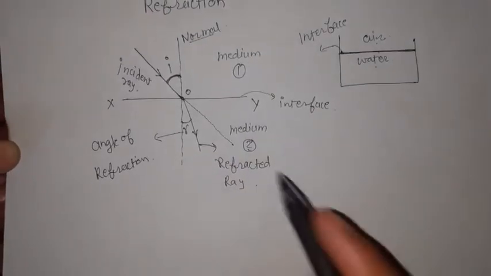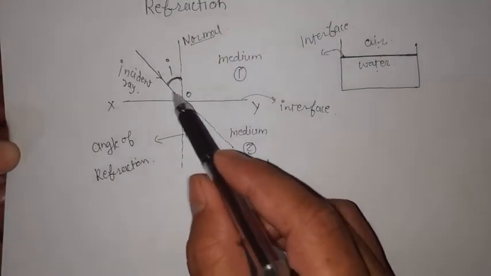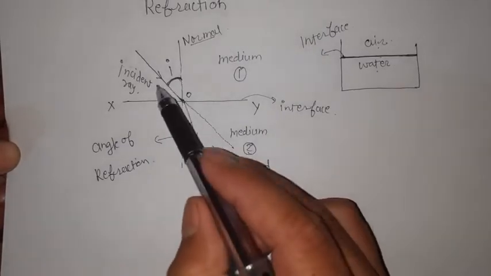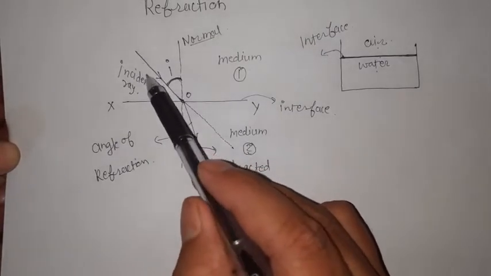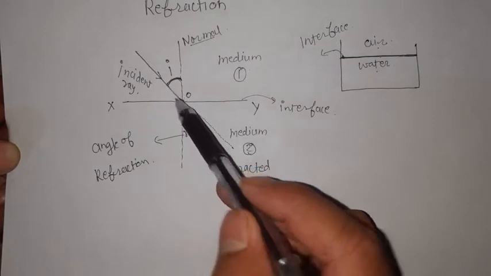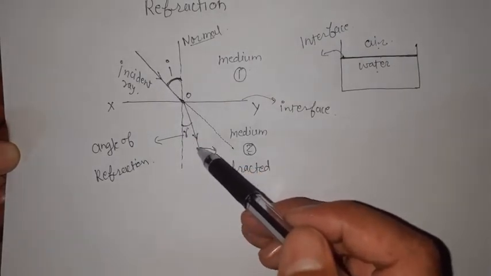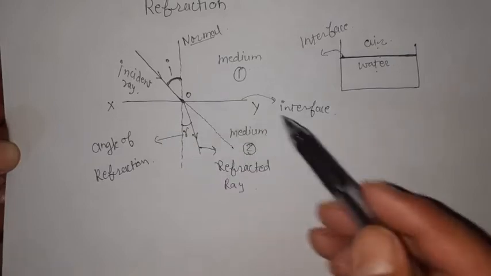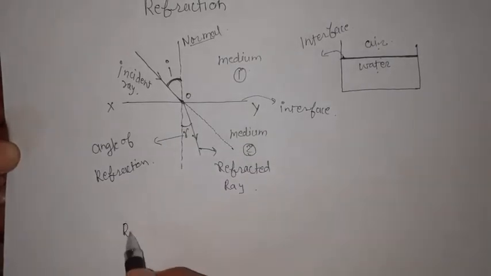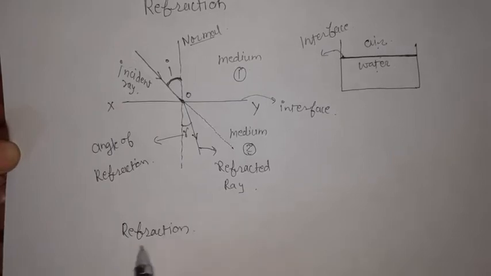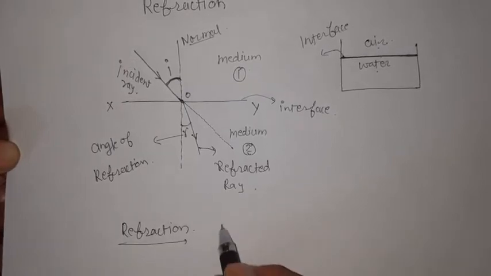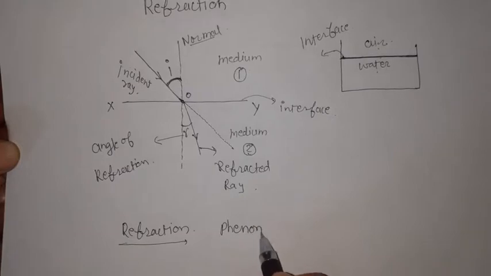Okay, so this phenomenon of bending of light, now look over here. This light was going from one medium to this medium number 2, so it is going to bend from its actual path. So this phenomenon is said to be refraction. So what is refraction?